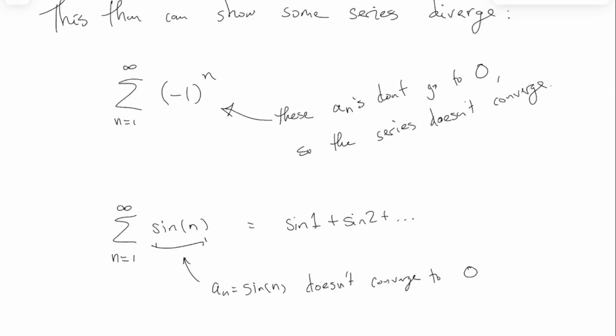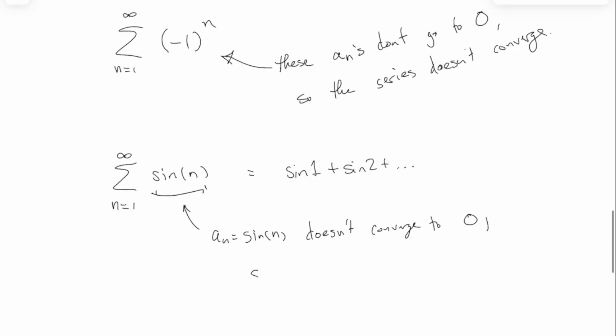So a_n equals sine of n doesn't converge to 0, which means the series diverges.